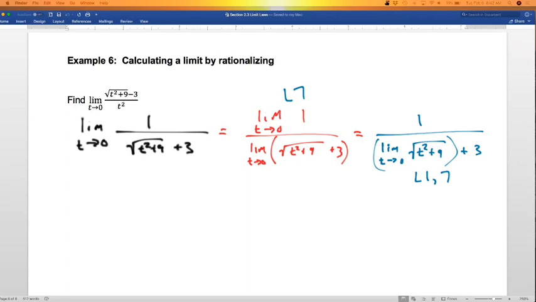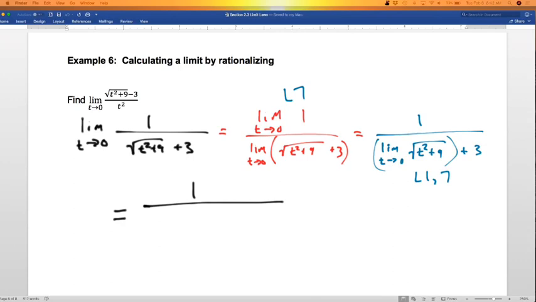But now we're taking the limit as t approaches 0 of a radical, and that's not a polynomial or rational function, but we do have a law that covers that. The law that covers that is law number 11. Sorry, not 10, I'm wrong.